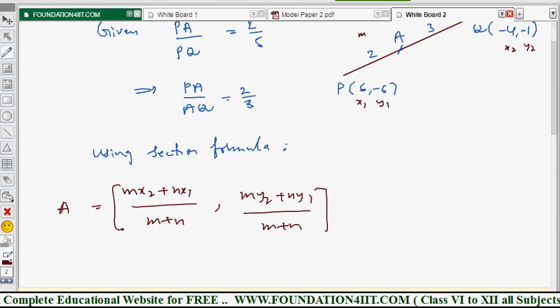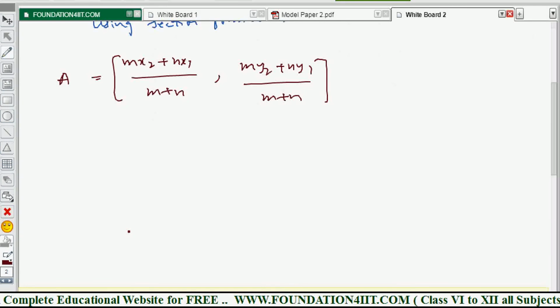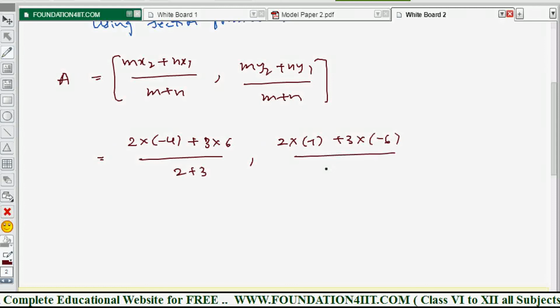So we know x1, y1, m and n. By substituting these points, m is to n is 2 is to 3. Then that is 2 into minus 4 plus 3 into 6 by 2 plus 3, right? And here also the same: 2 into minus 1 plus 3 into minus 6 by 2 plus 3.